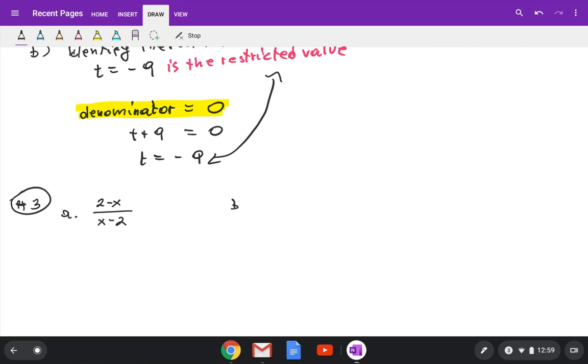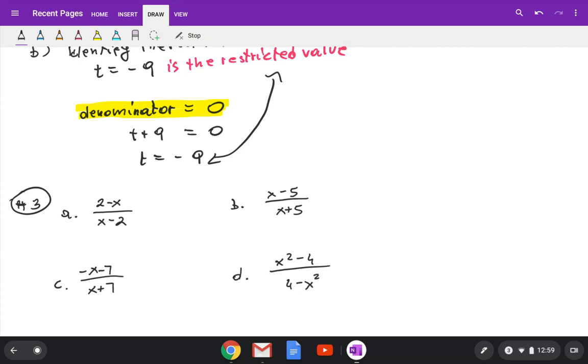B, you have x minus 5 over x plus 5. C is -x minus 7 over x plus 7. And D, we have x squared minus 4 over 4 minus x squared.